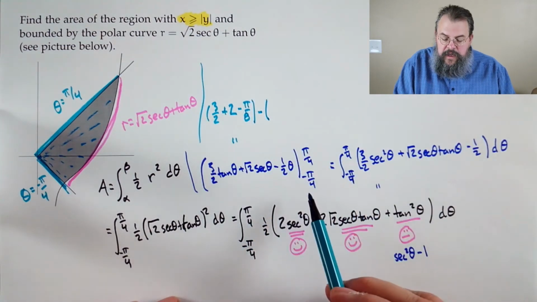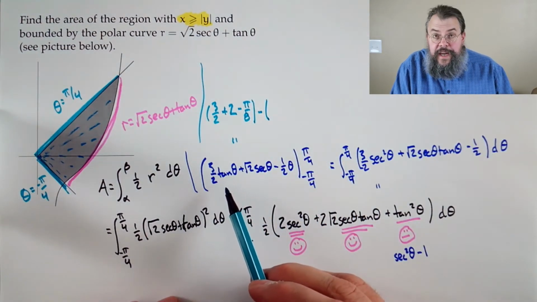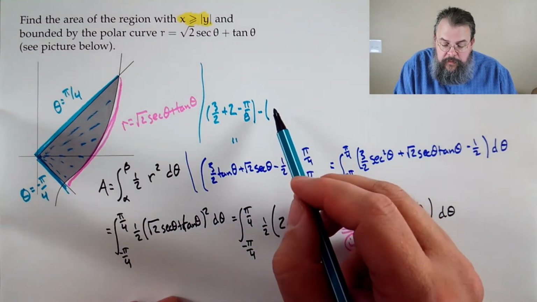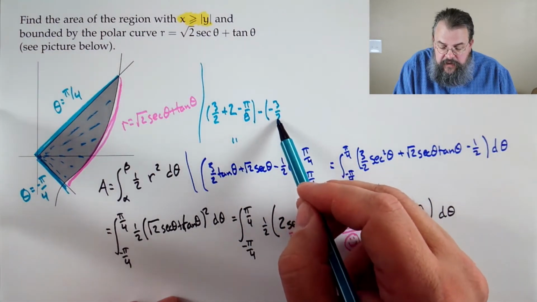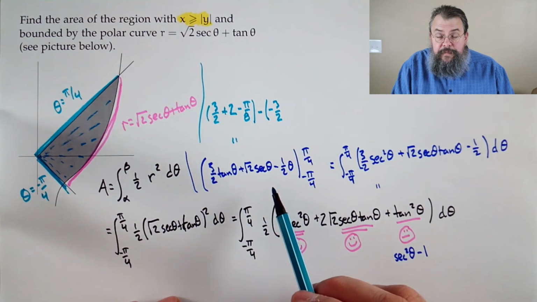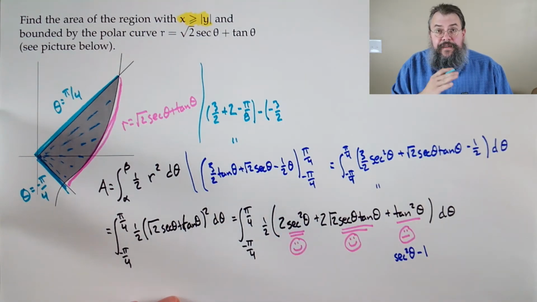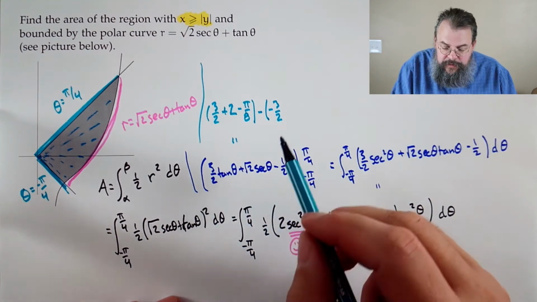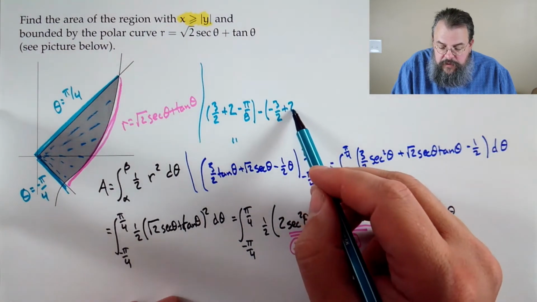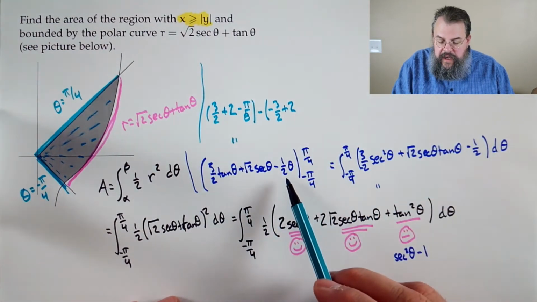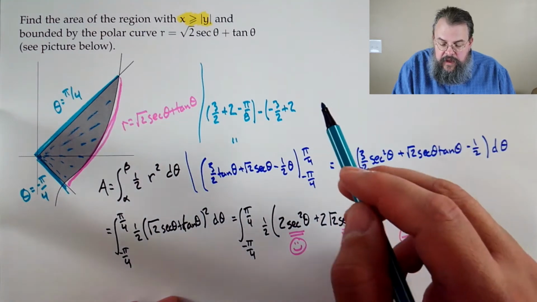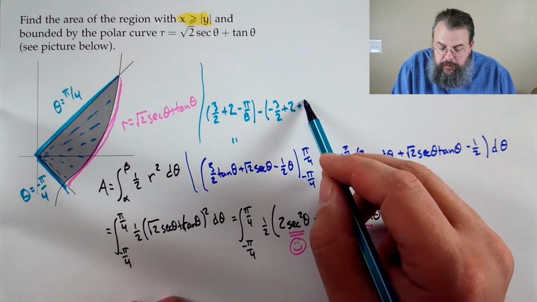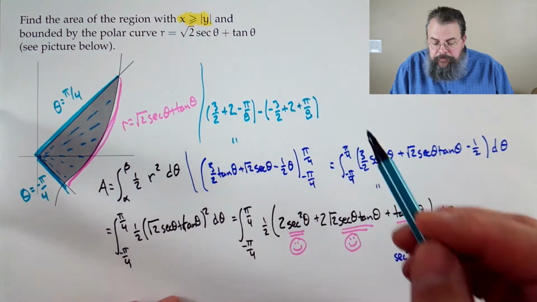Subtract, plug in negative pi fourths. Tangent of negative pi fourths is negative 1, so minus 3 halves. Secant of negative pi fourths, secant is an even function, and so what will happen is it's still the same as secant of pi fourths, so it's still root 2. So root 2 times root 2 will be a plus 2, and then we're going to have minus a half times minus pi fourths will give us plus pi eighths.